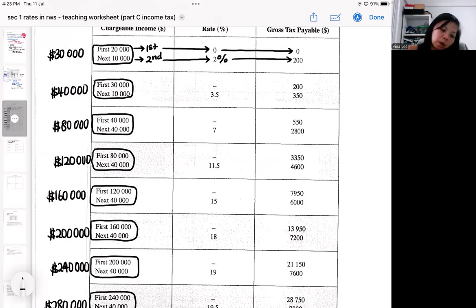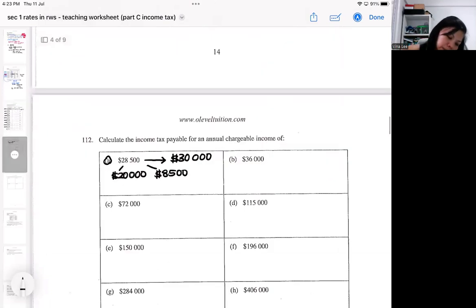Okay, the 200 comes from 2% times this 10,000. So maximum is 200. But if you calculate this, this one is no tax. The second basket is 2%. So you calculate 2%, and this will be the tax amount.